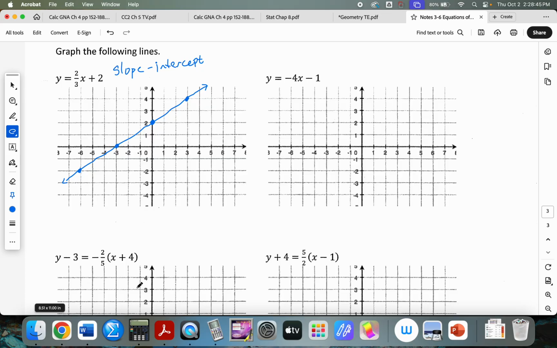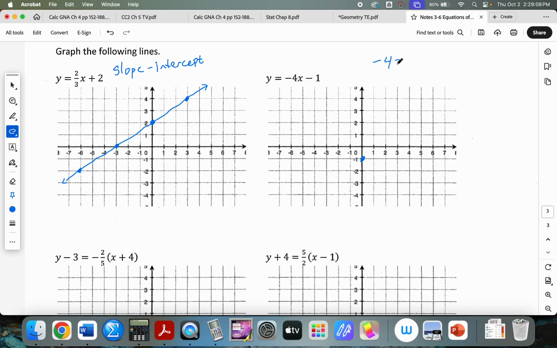Okay. All right, how about this next one? What form is it in? Slope-intercept form. What's the y-intercept? -1. That's where I start. What is the slope? -4.